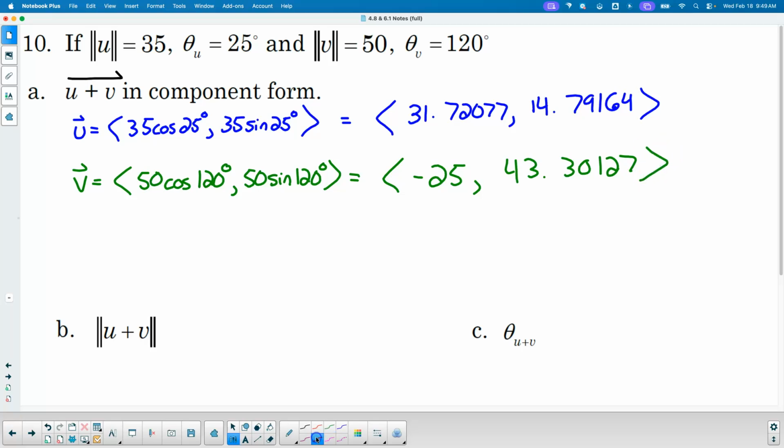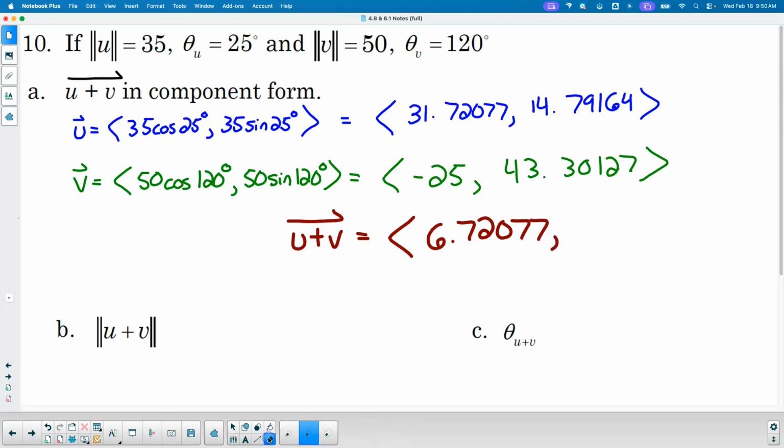So u plus v then. It's going to be... oops, sorry, 3 decimal places. Final answer.